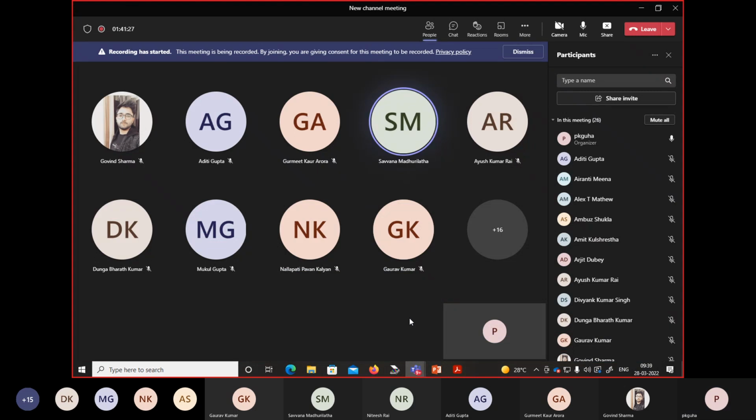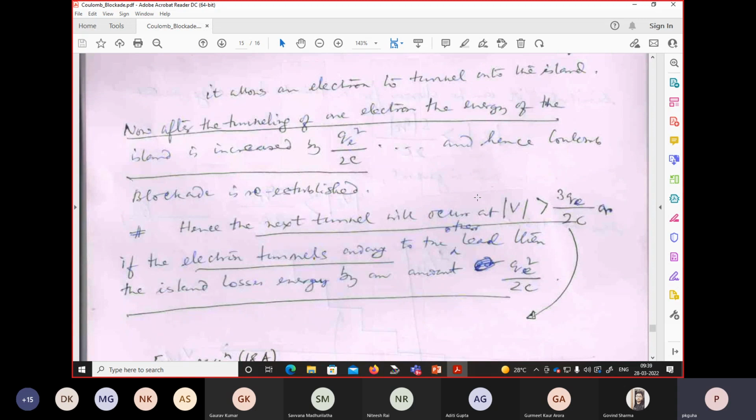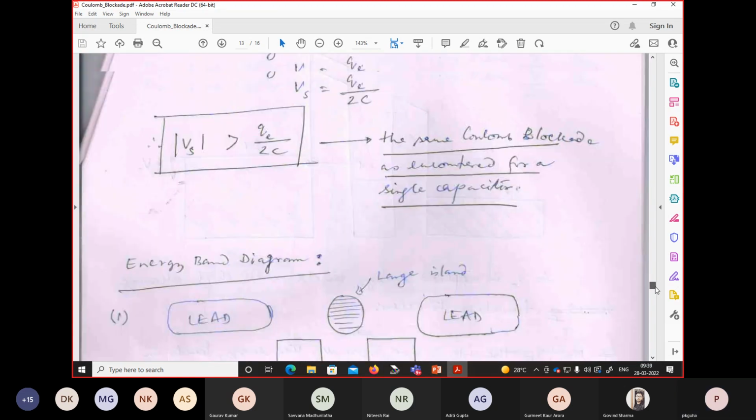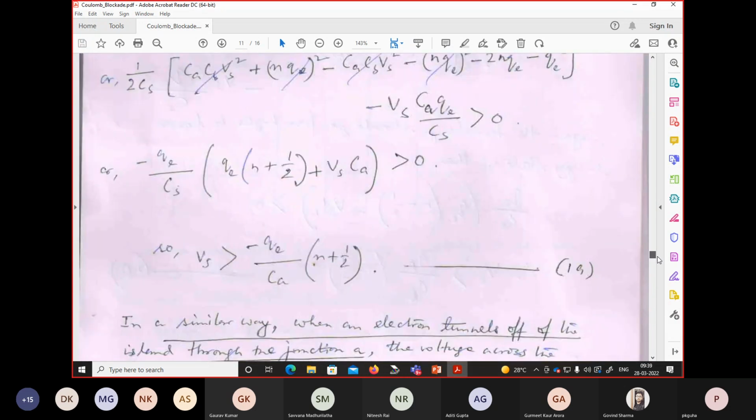Sir, could you please open that expression, where minus QE by CA into n plus half expression? That expression was correct, sir, but the above line should be 2n QE square.